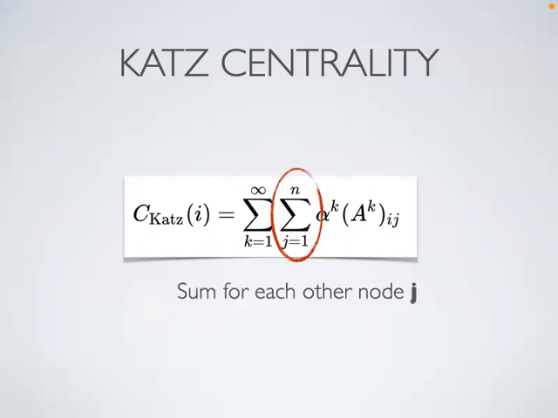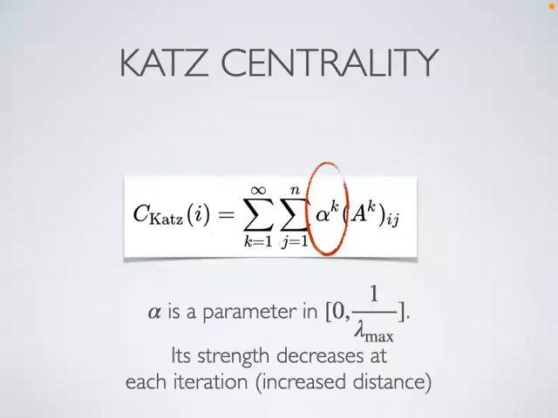You will compute the sum for all the other nodes. So for node i, you compute for all the other nodes j, a parameter which decreases with distance. Something smaller than 1, between 0 and 1.